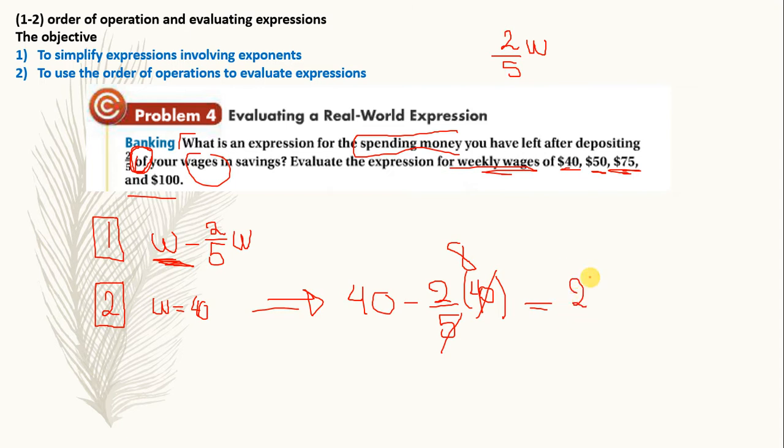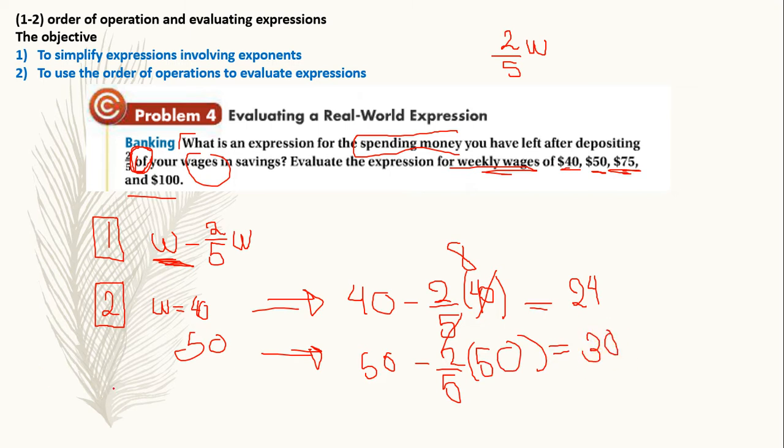So that is 24. Once the weekly wages is 50, it is 50 minus 2/5 times 50, which equals 30. Once you have 75, it's 75 minus 2/5 times 75, and you will get 45.